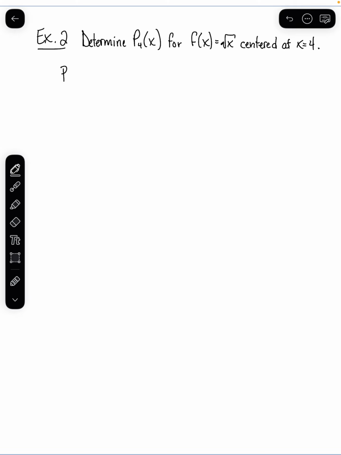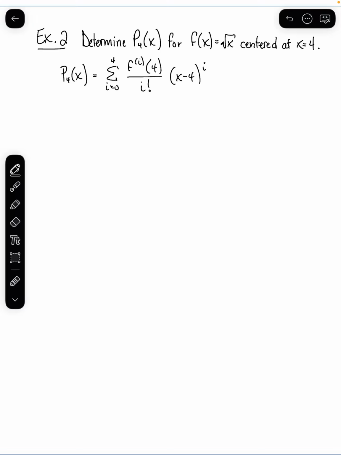So, we know that the 4th degree Taylor polynomial is the sum from 0 to 4 of the ith order derivative at 4 over i factorial times x minus 4 to the ith power.